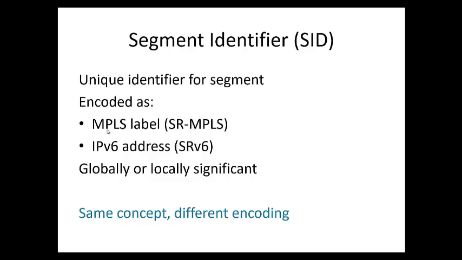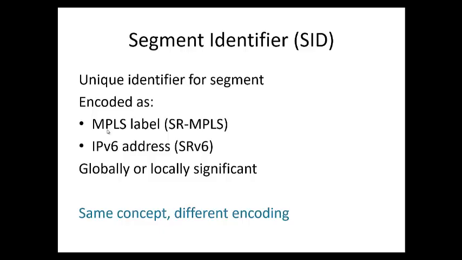Okay, now these instructions, the SIG-IDs, are encoded into the header, into the packet. And these identifiers are locally significant as well as globally significant. For example, adjacent SIG ID is locally significant. Adjacent SIG ID is for what? For pointing to a link.